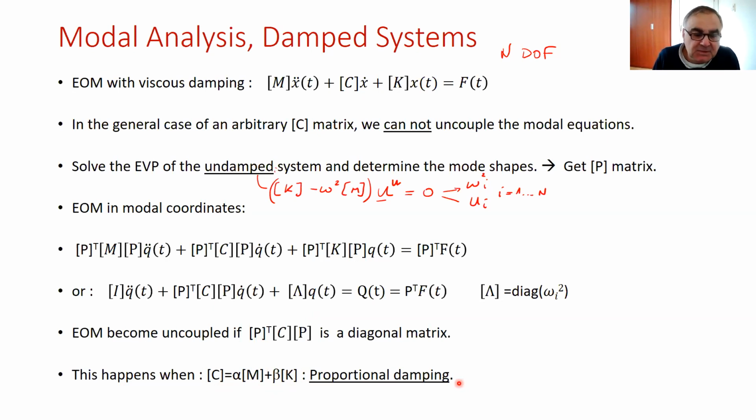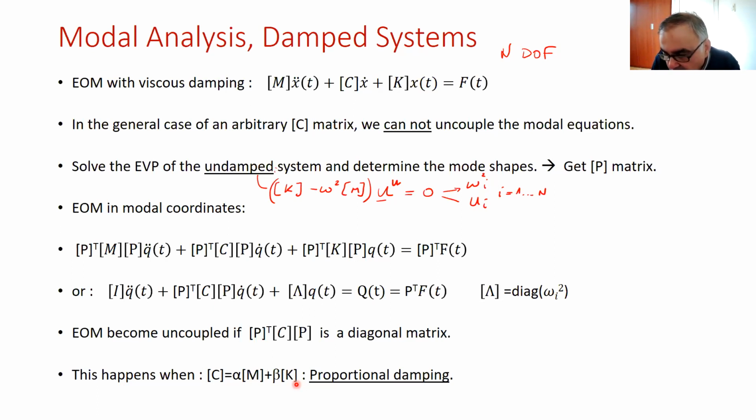That is, if C can be written in this form, then you have proportional damping and your equations can be uncoupled. If not, your damping matrix is non-proportional, and you cannot really uncouple the equations. You have to do something else, and we won't be covering that in this course. We will just look at proportional damping.